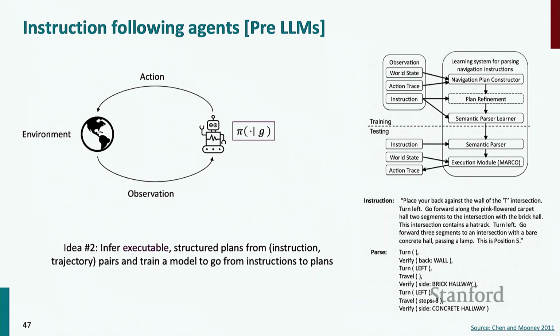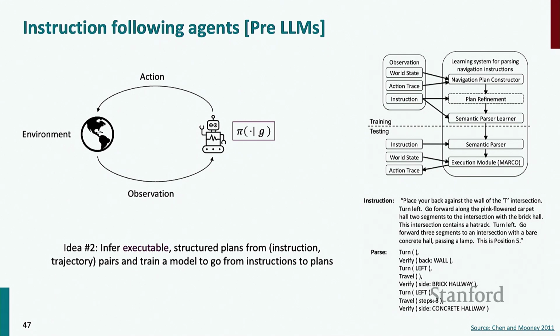trajectories directly. And I have an example of a system like that from 2011, which was basically an agent that could navigate in grounded environments. And the idea was something like this: we took an instruction and obtained a plan, and then you would train a semantic parser, which is basically this kind of machine translation system that would convert commands into this plan.